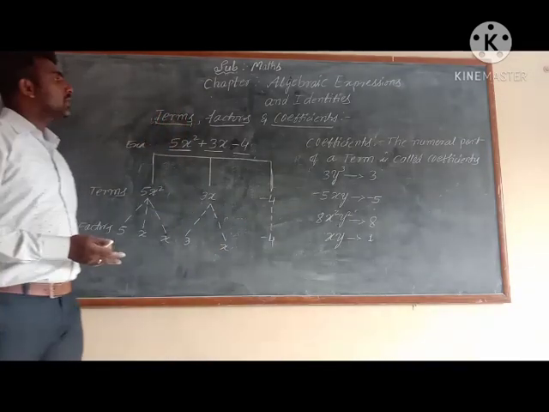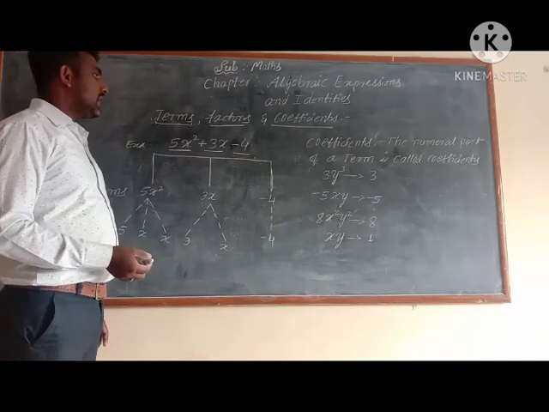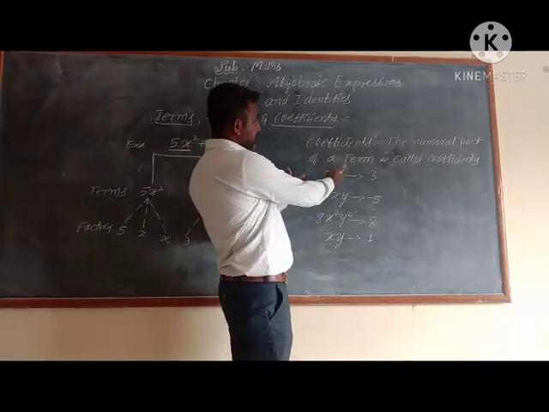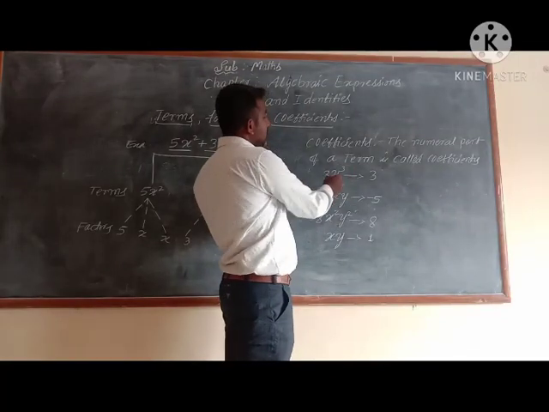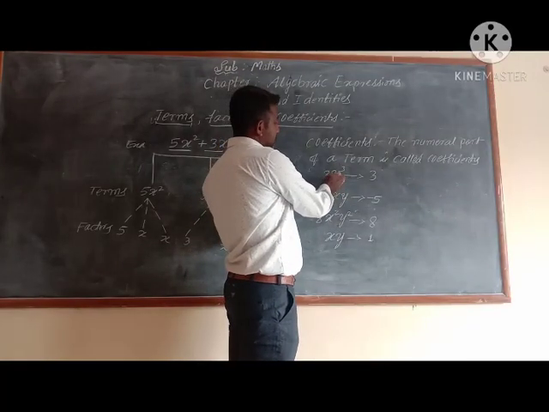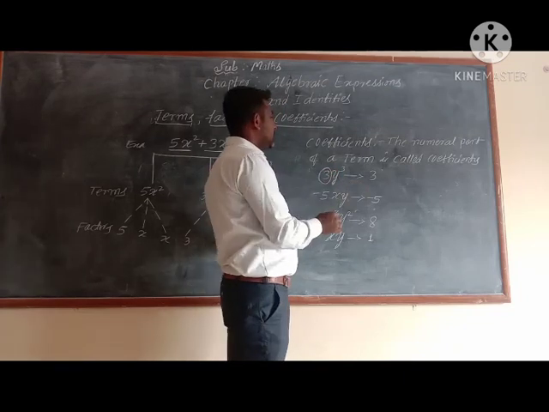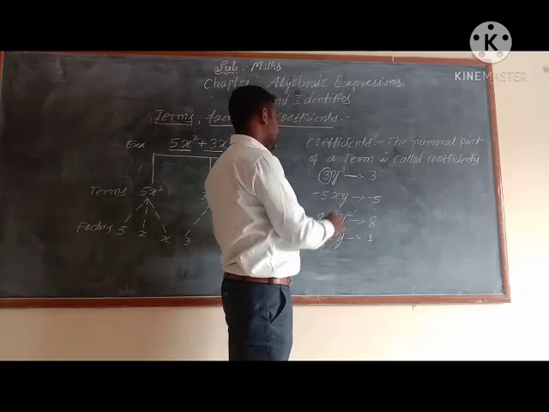Then finally, coefficients. The numeral part of a term is called the coefficient. Suppose 3y square is one term; the numeral part is 3, so the coefficient is 3.